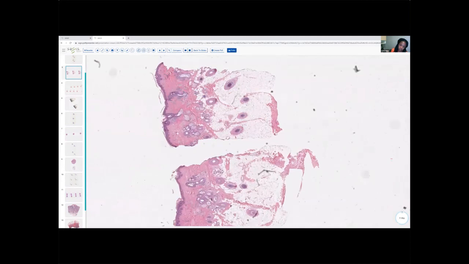Okay, so quite a few, 1, 2, 3, 4, 5 thick caliber, large hairs that are situated, the base or bulb is situated in the fat, but the majority of the hair bulbs and the hairs are actually situated above the fat. Okay, so we're in the lower dermis and mid dermis for the most part, as far as our bulbs are concerned. And this is not what we expect, right? So this is pathologic.